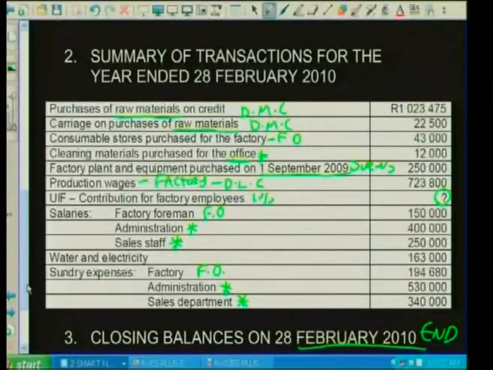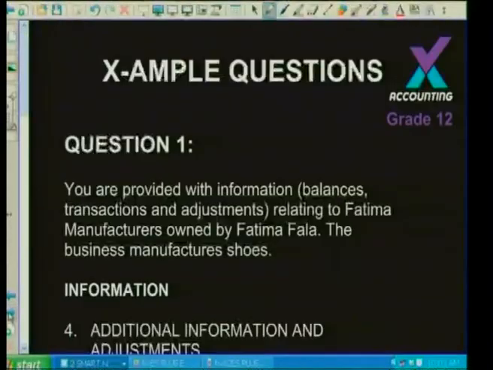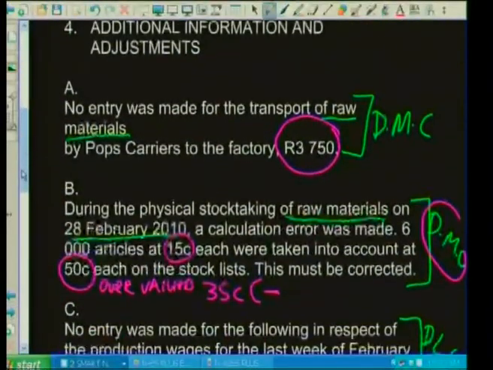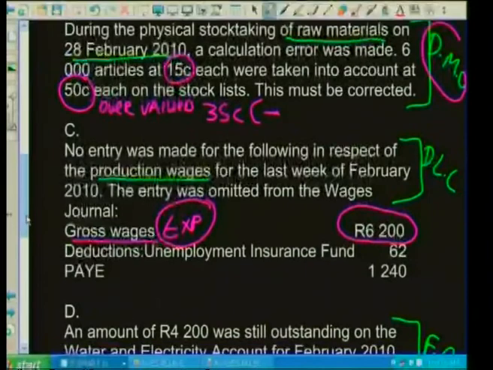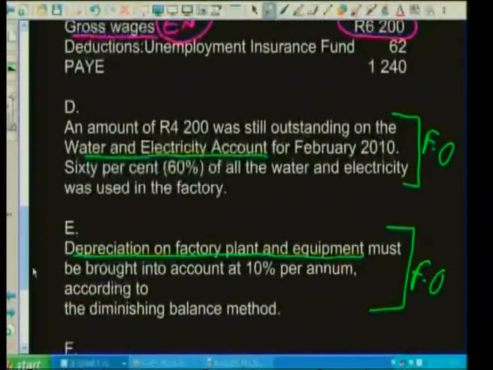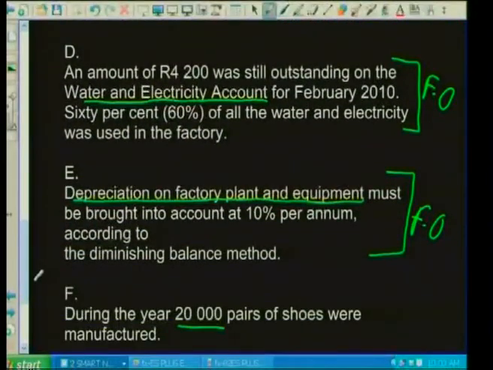Then during the year, factory plant and equipment was purchased, and it was purchased on the 1st of September, 250,000. So I'm going to need this bit of info as well. And then additional information. Let's find it. There we go.